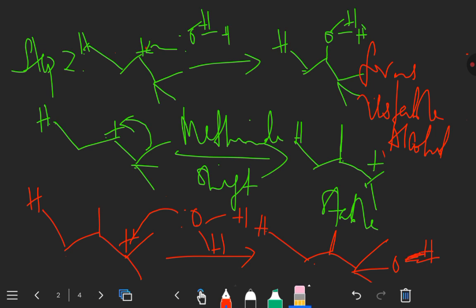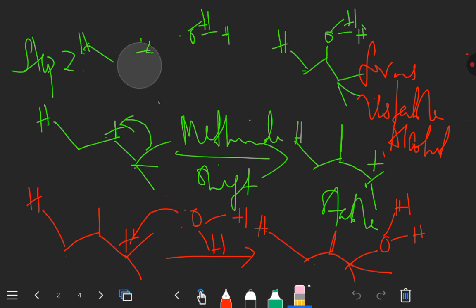Let me write it like this. So you can have oxygen there attached to hydrogen, and another hydrogen, which is just water attached. Then with these two methyl groups we had from the actual compound.